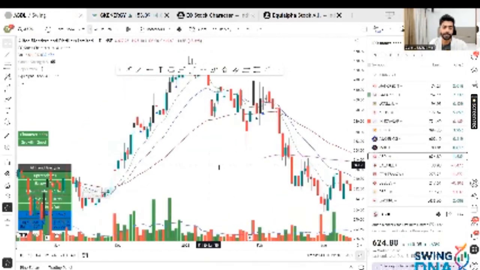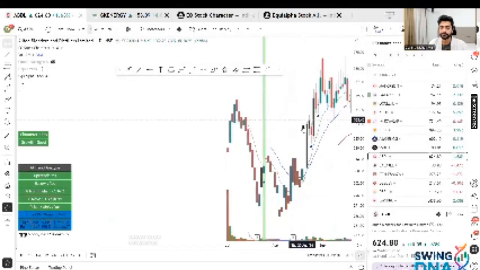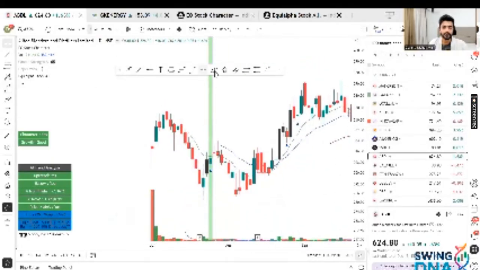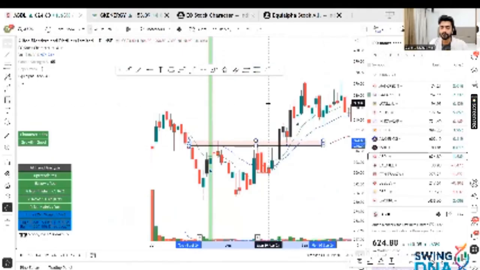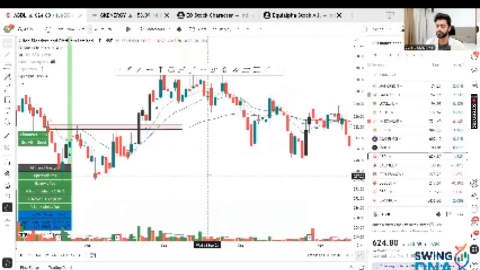AVDL. This one was 2024. We'll try this up here. 10% kind of, and here I think break even kind of close.